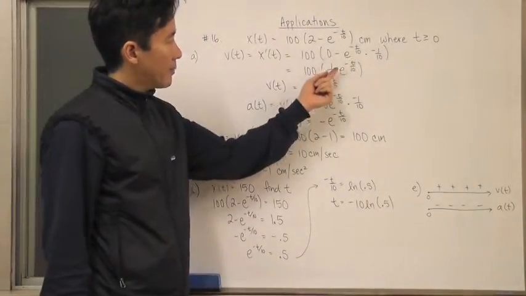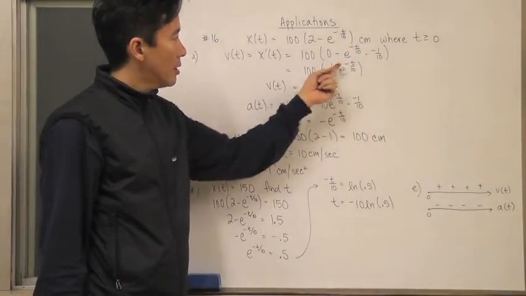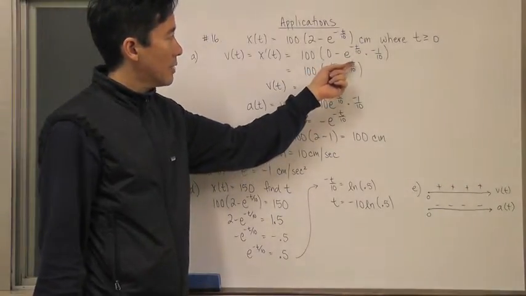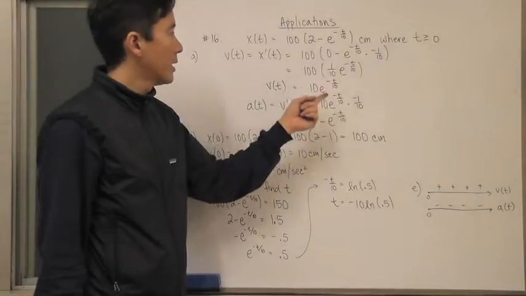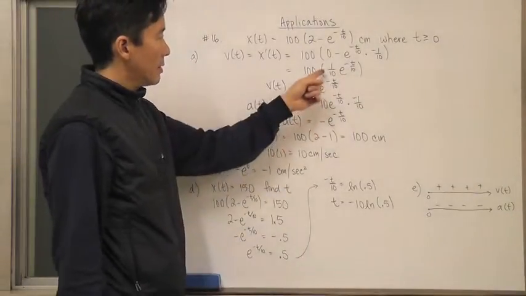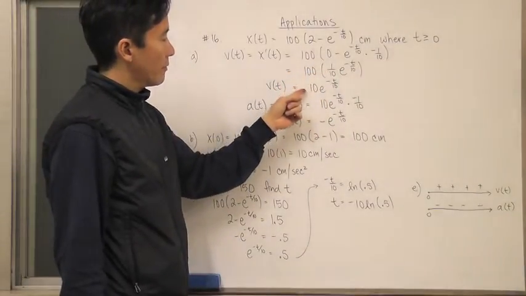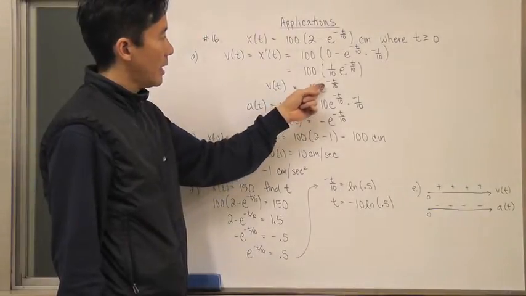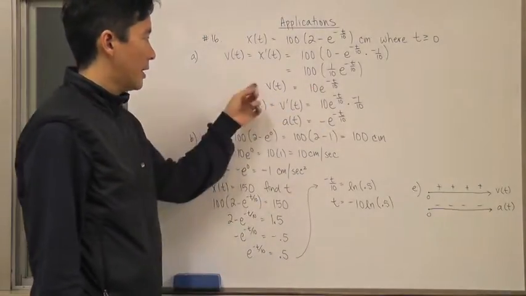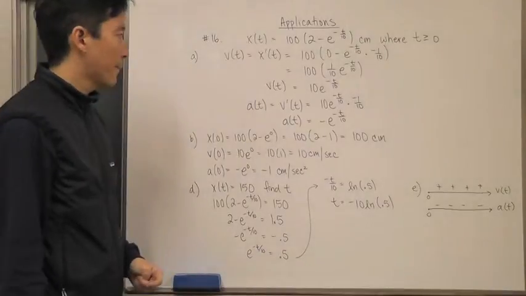If I simplify this part, it's equal to 1 over 10 e to the negative t over 10 times 100. The 100 and the 1 over 10 cancel each other out to come up with 10 e to the negative t over 10. And that's what your velocity function will be.